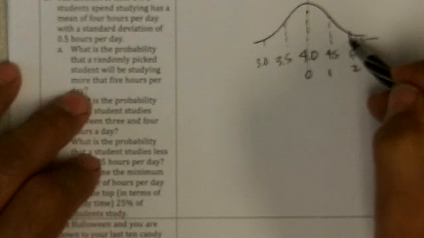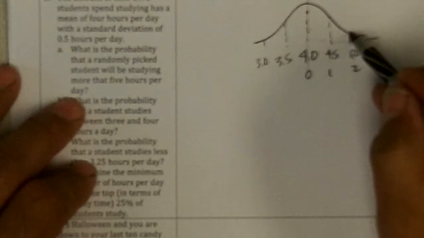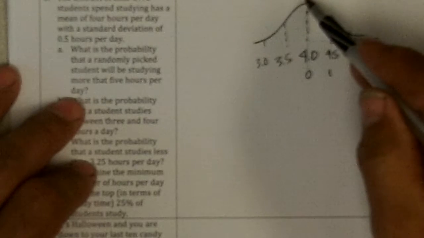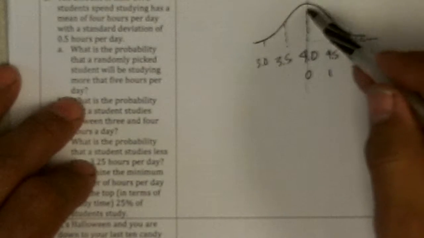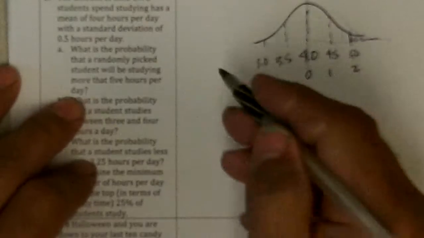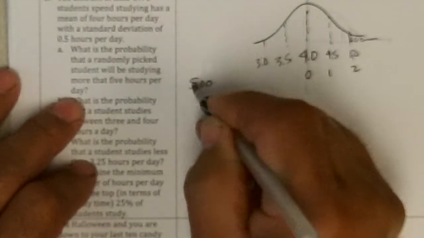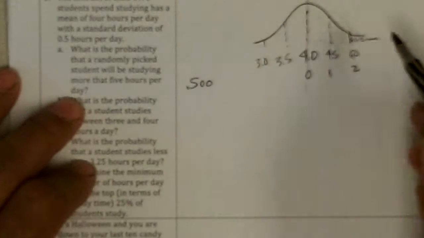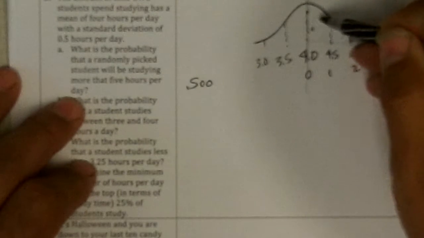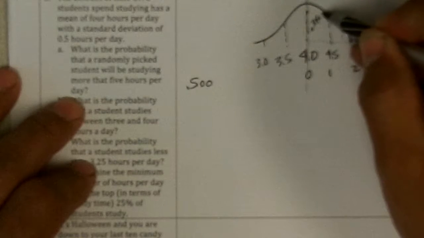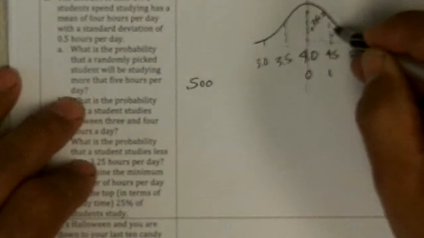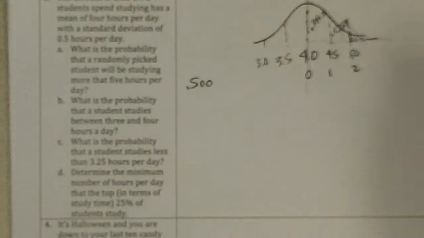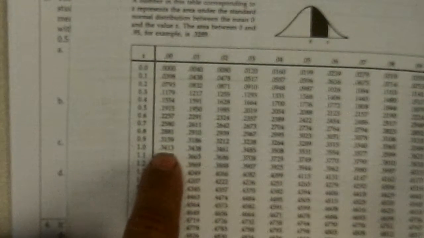So we don't want these first 2 of the half. So all of this would be 50%, or half of the probability. And I want to get rid of these first 2. Now you should have in your notes that this is 0.3413. 0.1359, but they're also right on the table for z-score of 1, 0.3413.